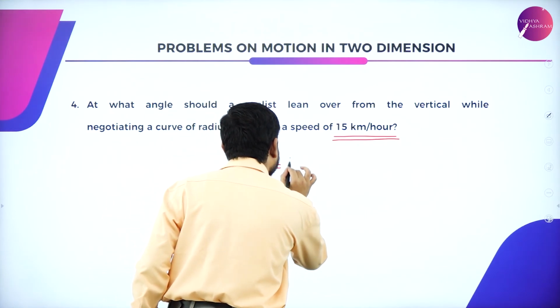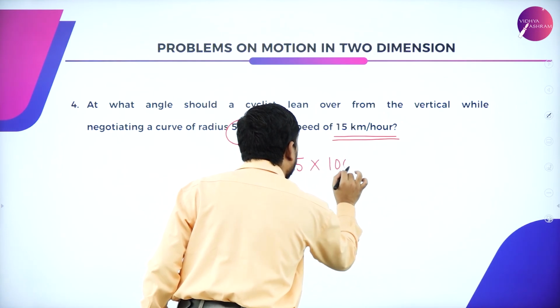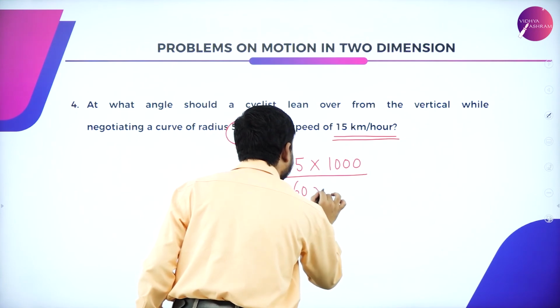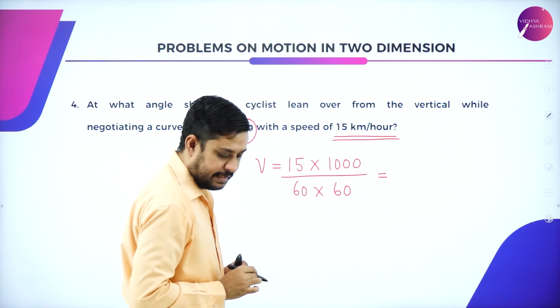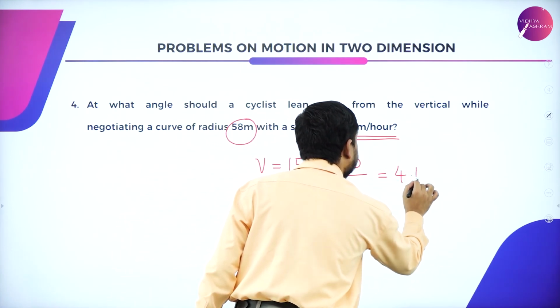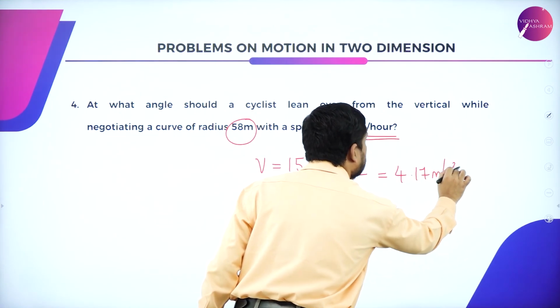So v is 15 into 1000 divided by 60 into 60, which is nearly 4.17 meter per second.